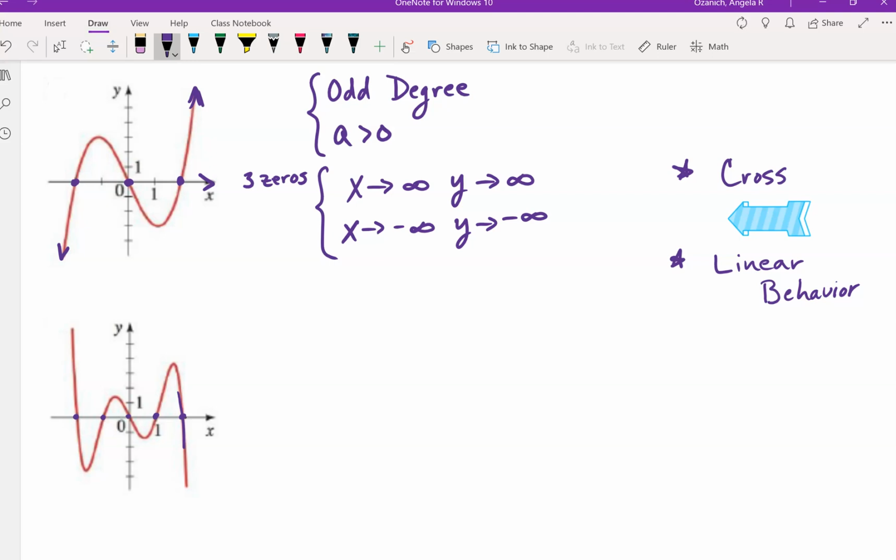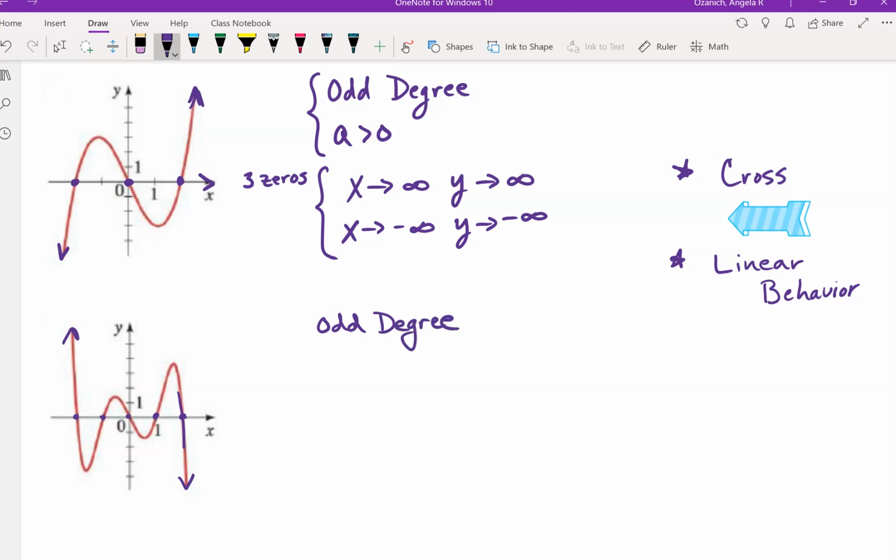Look how many of them there are here: 1, 2, 3, 4, 5. I could potentially have a fifth, at least a fifth. It could be a 7th degree or a 9th degree if I had some imaginary or complex solutions thrown in the mix. But what I know for sure is it's going to be an odd degree polynomial function.